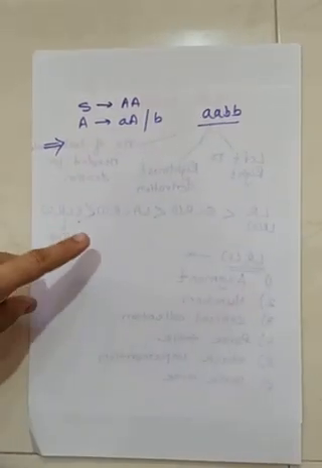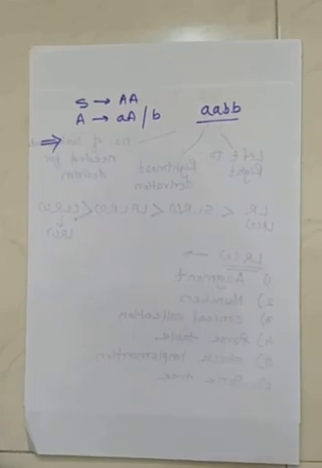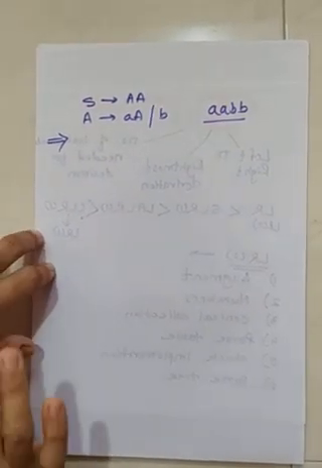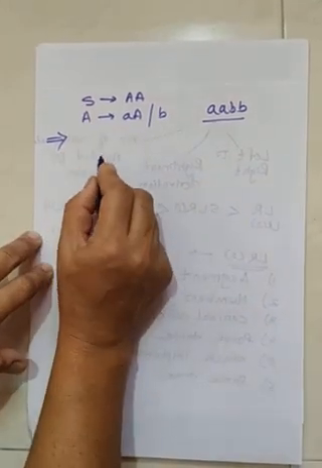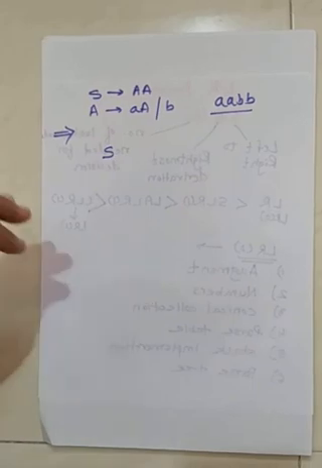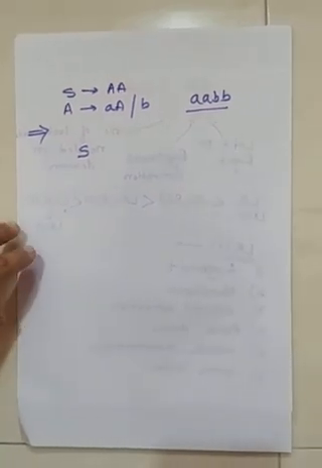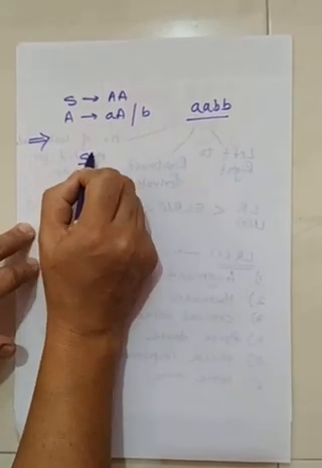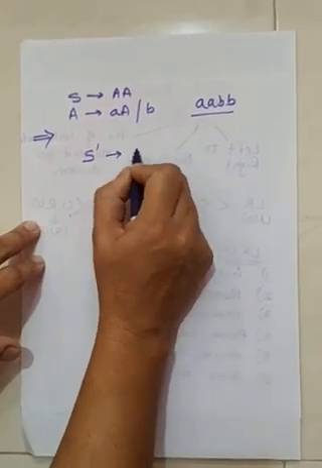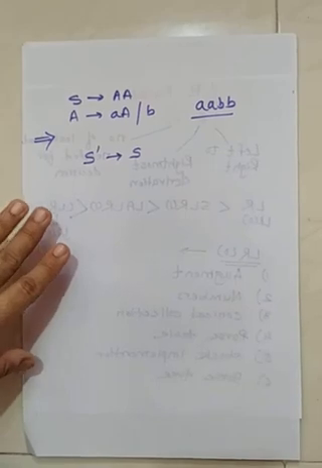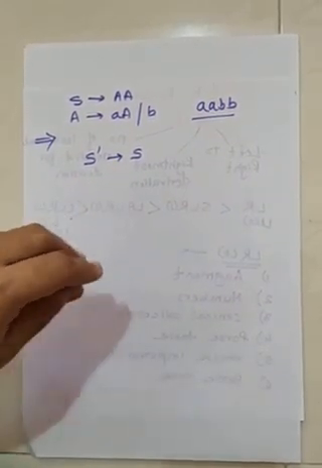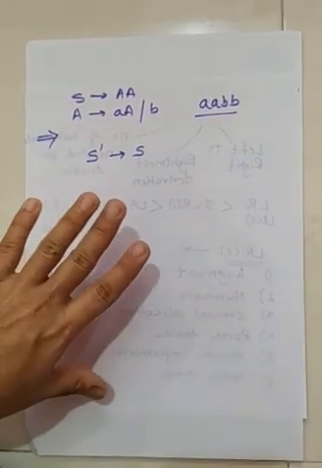The first step is what? Augment the grammar. Augmenting the grammar means first identify the start symbol. So here the start symbol is S. Now we have to write a production rule for this S. Simply write S dash is producing S. This is the production for the start symbol, and this is the augmentation of the grammar.